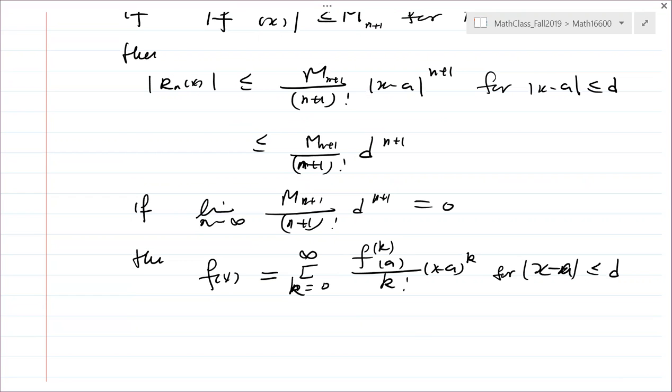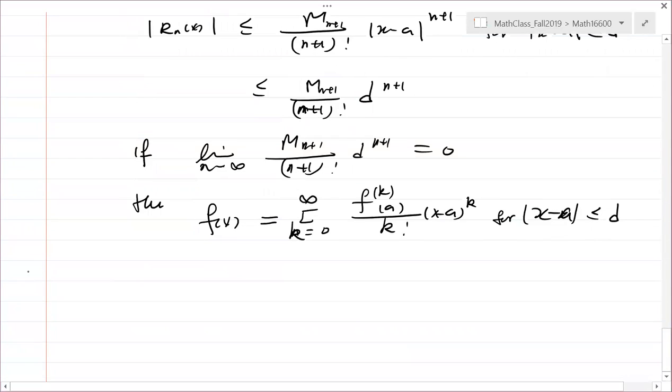Okay, and we can use that to look at the following example. We use elementary functions. I just said that almost all elementary functions we know can be represented by a power series at any point inside the domain.